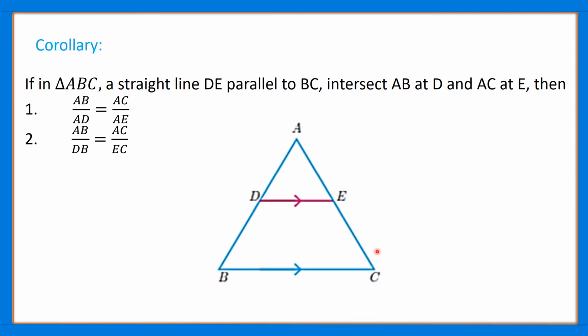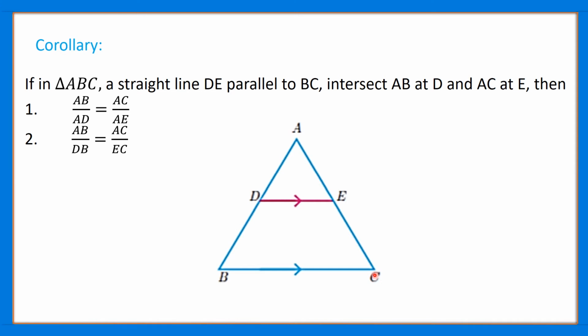But in the corollary, we have AB divided by AD is equal to AC divided by AE, and AB divided by DB is equal to AC by EC. So this is the corollary part of the basic proportionality theorem.